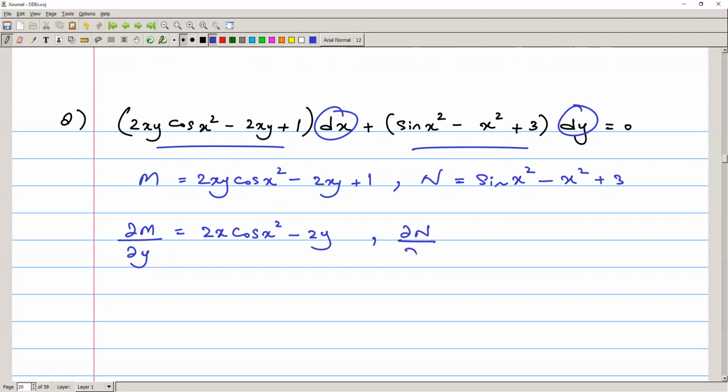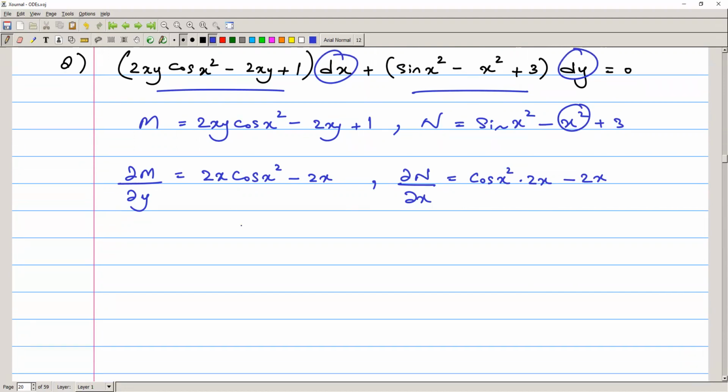Then for dou N over dou x, sine x squared gives cosine x squared times the derivative of the angle, that is 2x, and the derivative of minus x squared is minus 2x.